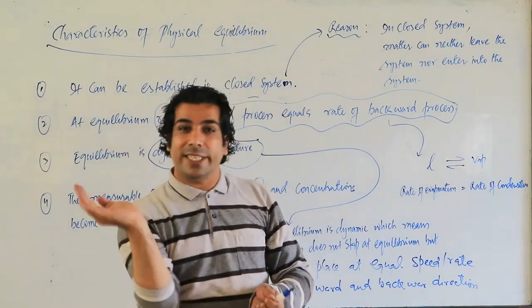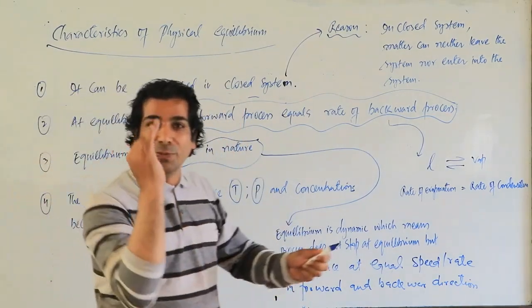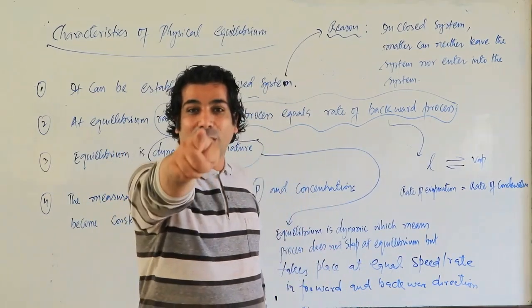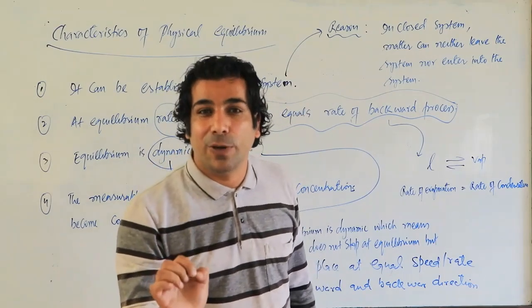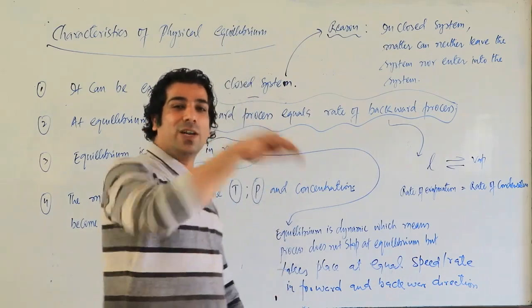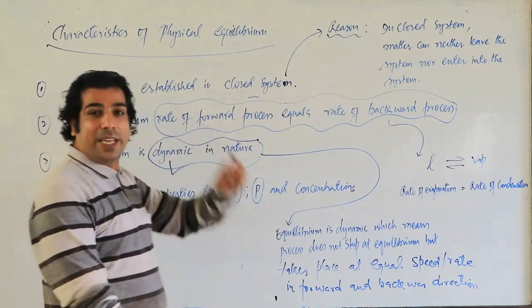So movement is there, and that movement is basically that dynamic term. Yes or no, my dear friends? So net change is zero, but movement is there. But that movement is equal in forward and backward direction. That's why the equilibrium is called dynamic in nature.